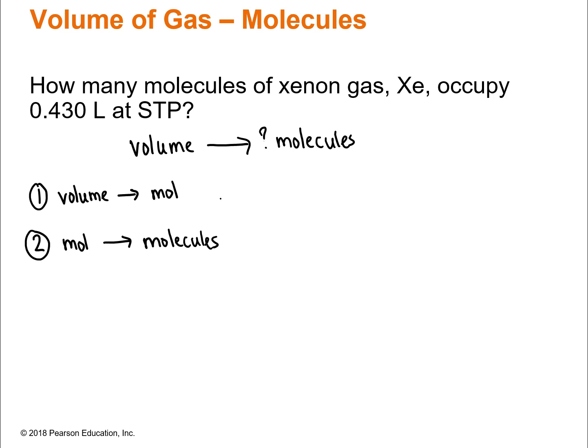So let's start going over it. Whenever we're talking about gases and volume, you're going to use molar volume. We know that 1 mole of gas has a volume of 22.4 liters. To go from moles to molecules, we're going to use Avogadro's number.